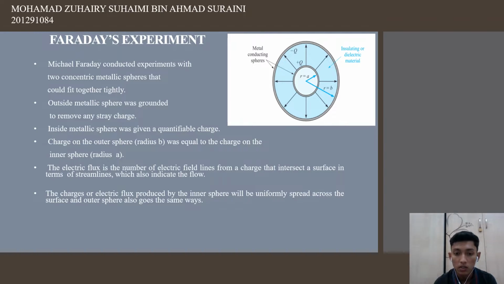So this is Faraday's experiment. You can see metal conductive spheres and surrounding dielectric material. We have charge here, and this is radius a and radius b.